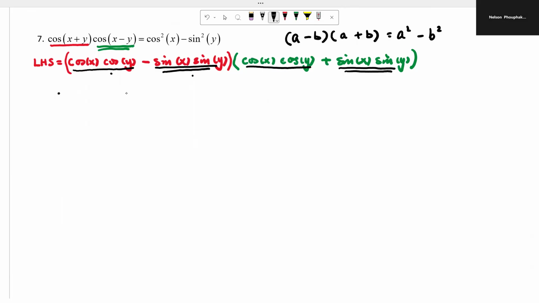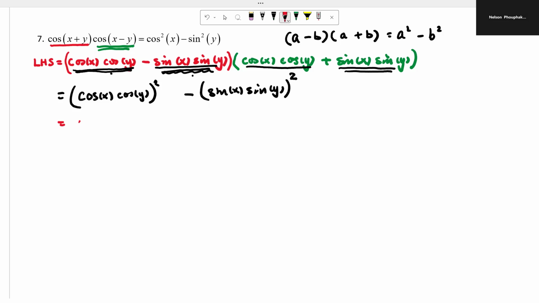Times A plus B, which is equal to A squared minus B squared. Meaning I will have the first term squared minus the second term squared. And now we will have cosine squared x cosine squared y minus sine squared x sine squared y.